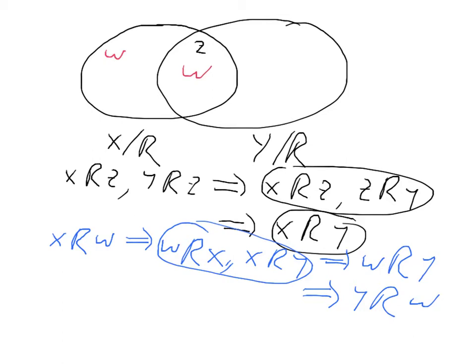So maybe you're in a position to finish off the proof yourself of that first part of the theorem. I'm going to go back and go over it with you, but why don't you see if you can finish it off? Try to show what I just did here informally, that if two equivalence classes have an element in common, then they have to be identical. I'll show you my proof in a moment.